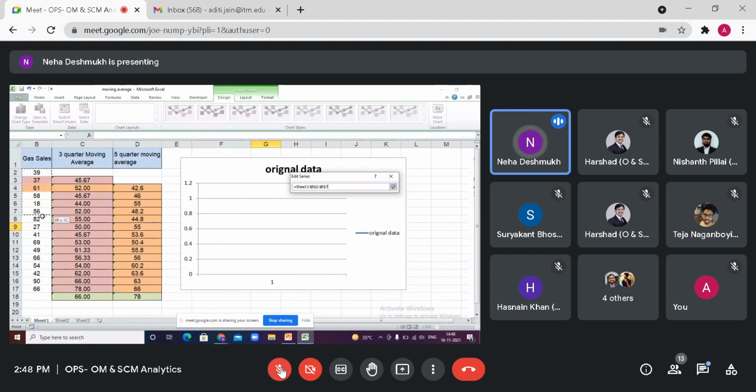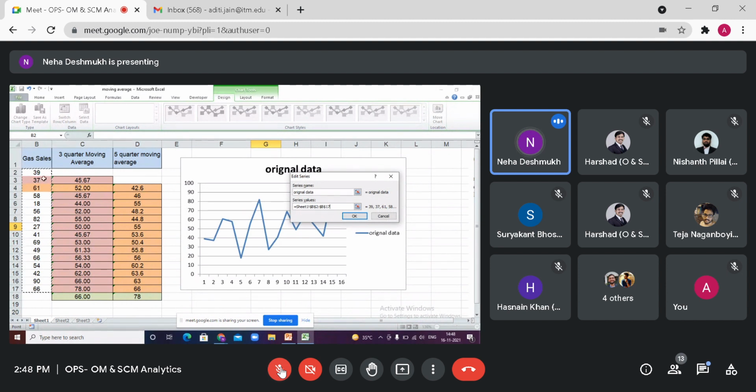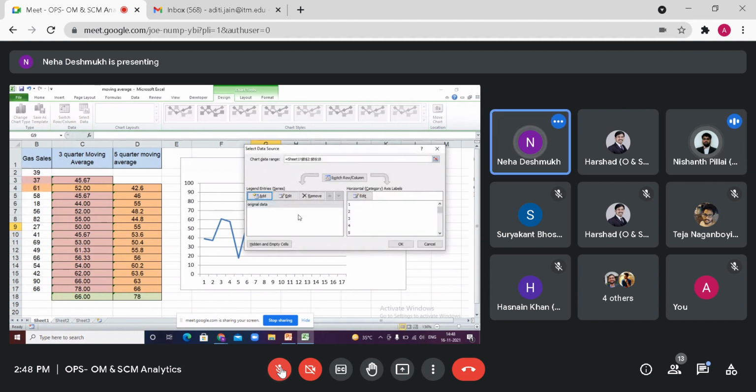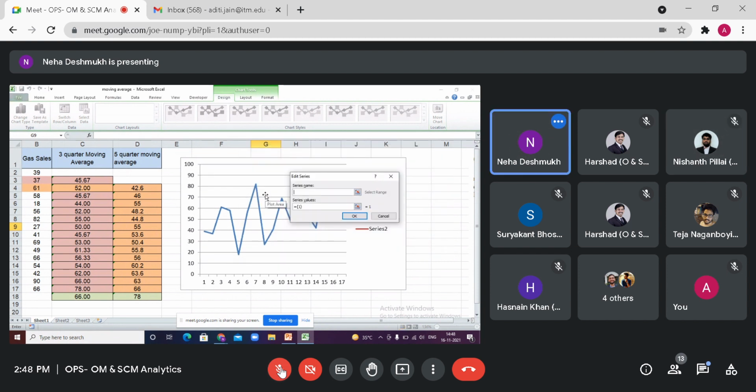Then series values, select all the original values.